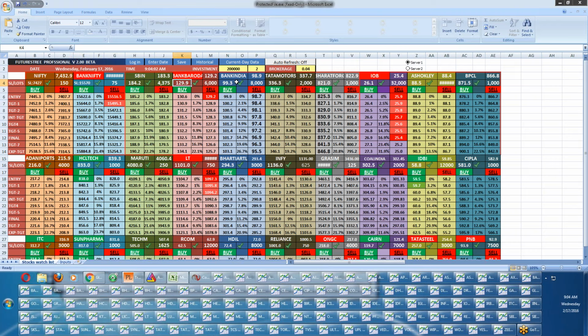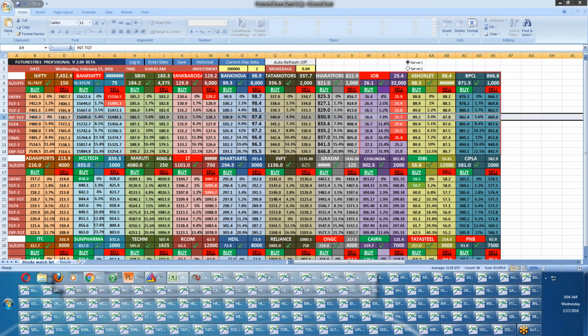So these are your stop losses right below the name of the script. And you have various target levels, intermediate target, final target. And the other thing is, in case a particular script opens gap down or gap up beyond this intermediate target, we will not enter into that particular trade.